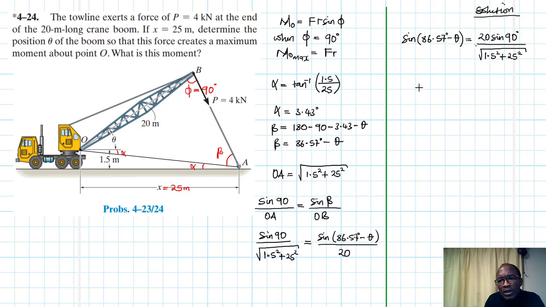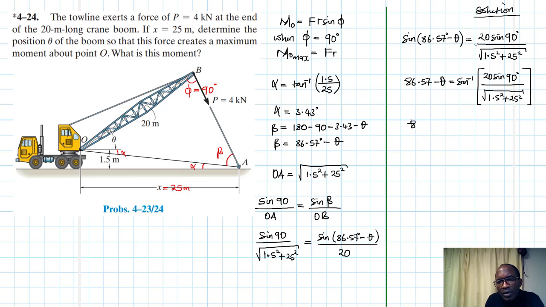Then making the angle itself the subject of the formula, we have 86.57 minus theta is equal to sine inverse of 20 sine 90 divided by the square root of 1.5 squared plus 25 squared.